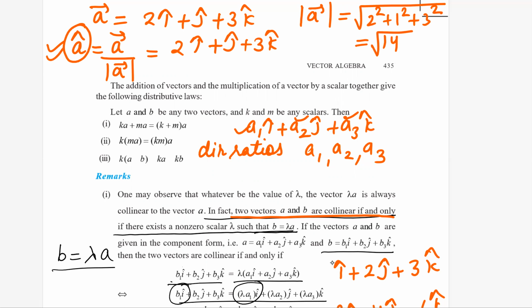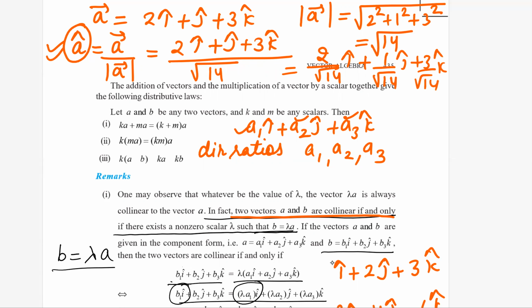So we'll divide it by under root 14. That is equal to 2 by root 14 i plus 1 by root 14 j plus 3 by root 14 k. Now, if we have to find its direction ratios, then 2, 1 and 3 are the direction ratios. If we have to find direction cosines, we will find a unit vector of this vector a, and the components here are the direction cosines.